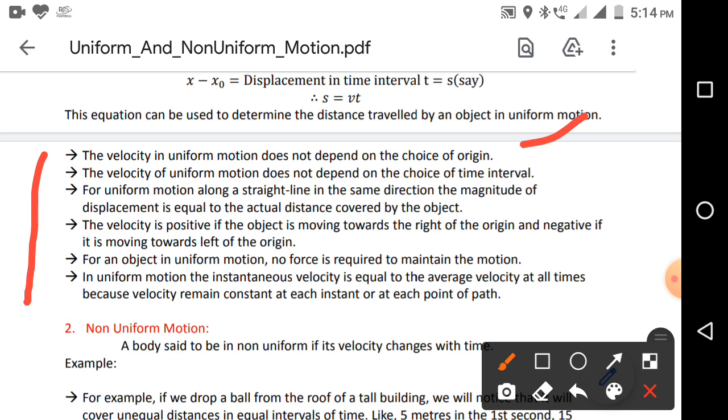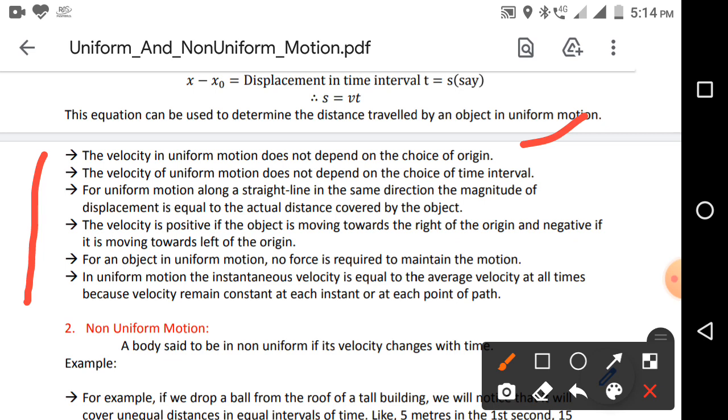Okay, for uniform motion along a straight line in the same direction, the magnitude of displacement is equal to the actual distance covered by the object. If it is going in a straight line, very true, that is the displacement, nothing but the distance between the initial and final position.